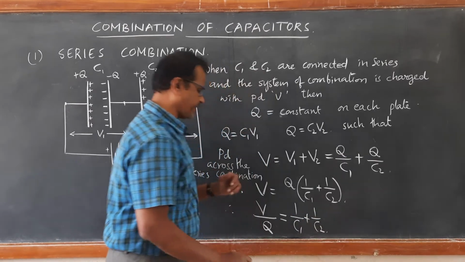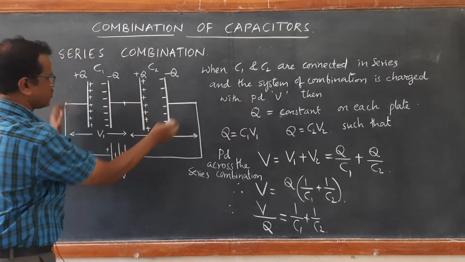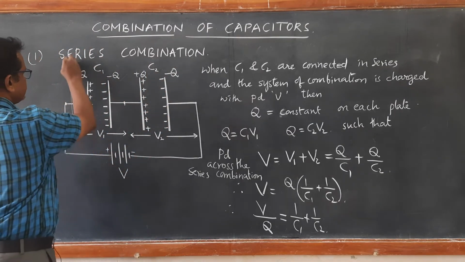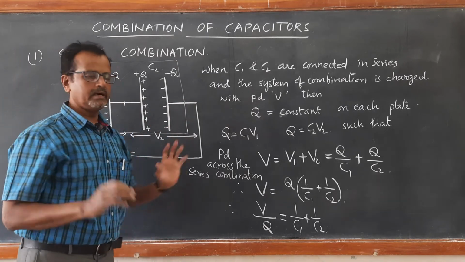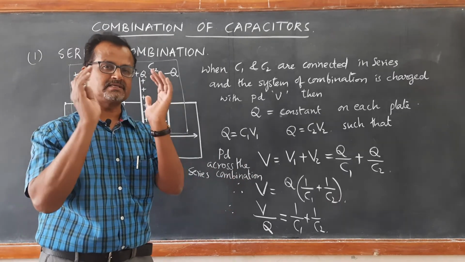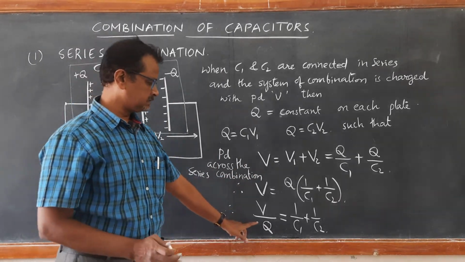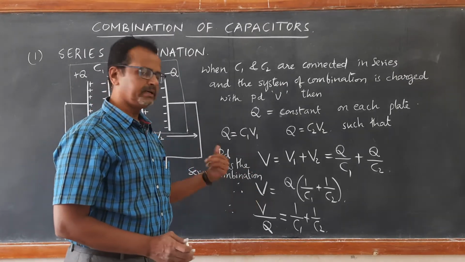So, if we take Q by V as equivalent capacitance of this combination, the entire combination, if you take it as one equivalent capacitor or effective capacitor of capacitance C, then that C is equal to Q by V. Therefore, 1 by C is equal to V by Q.